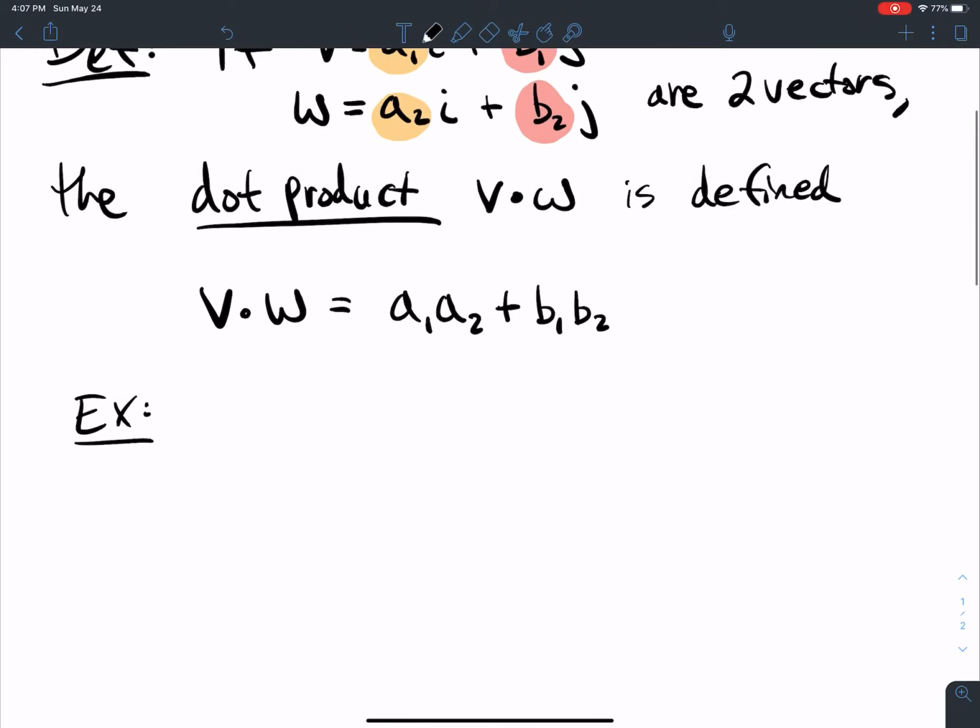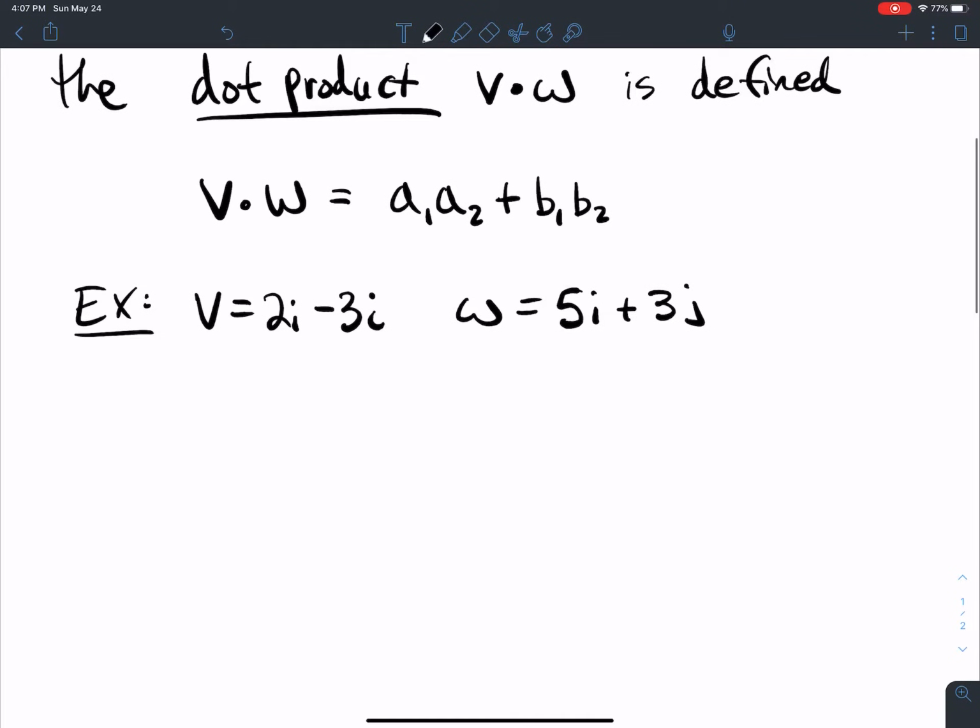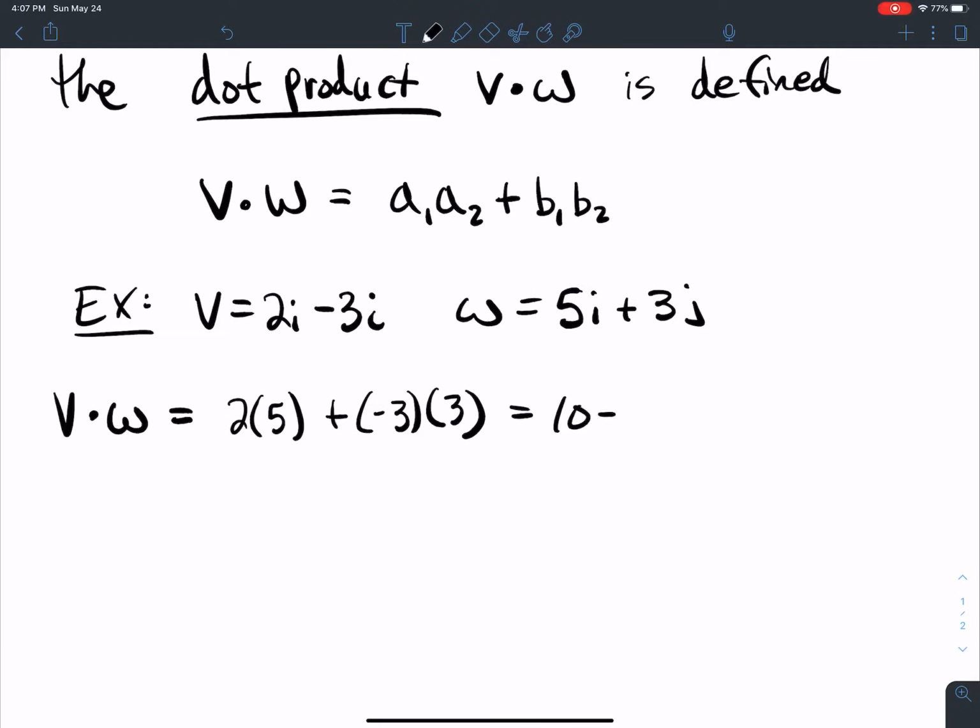Let's say I have v equals 2i minus 3j and w equals 5i plus 3j. So v dot w equals 2 times 5 plus negative 3 times 3, which equals 10 minus 9, which equals 1.